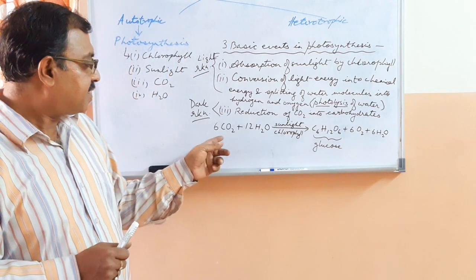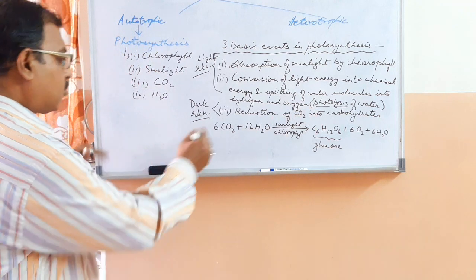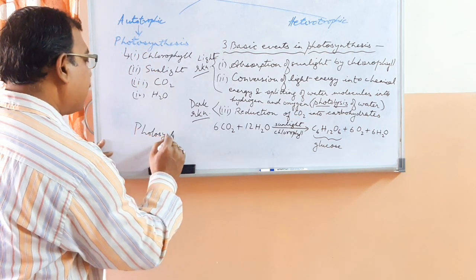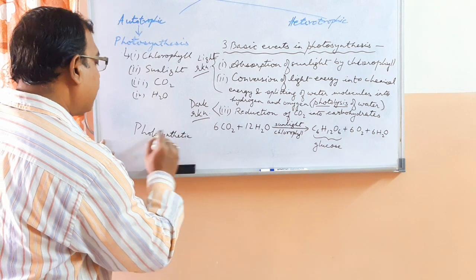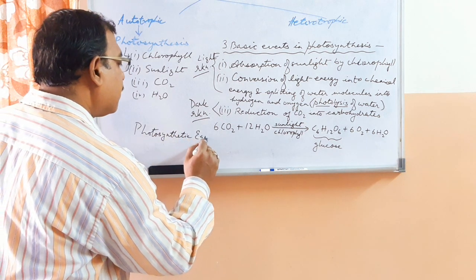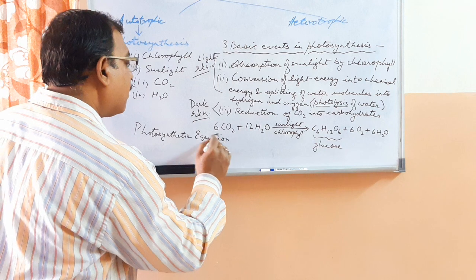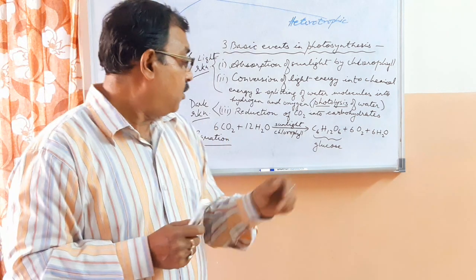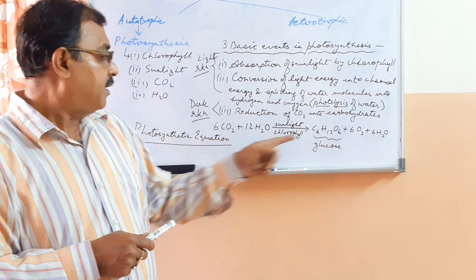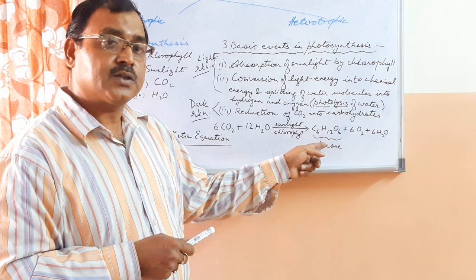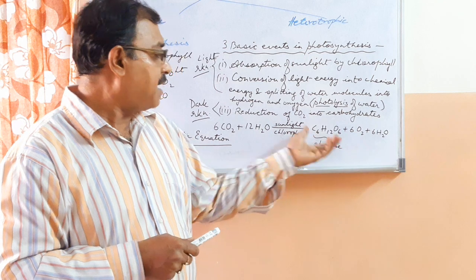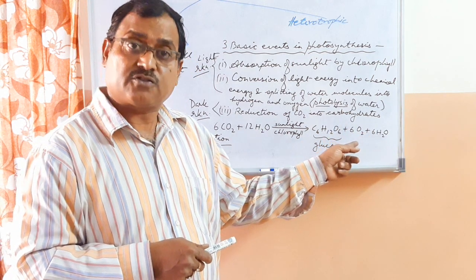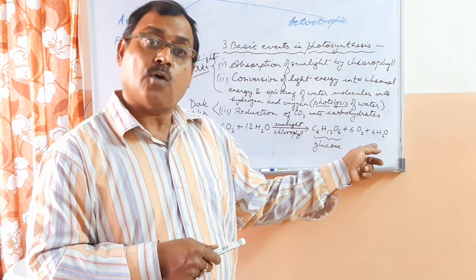So you can understand this equation is called the photosynthetic equation. Clear, children? So remember here, one molecule of glucose is produced and this is the main product and these are the byproducts. Oxygen is produced as a byproduct, 6 molecules of oxygen and 6 molecules of water vapor.